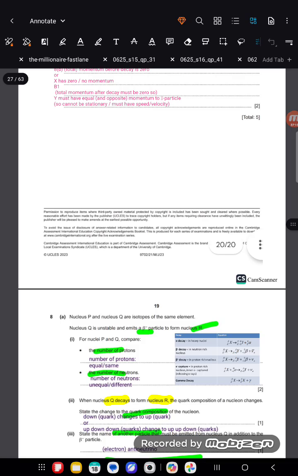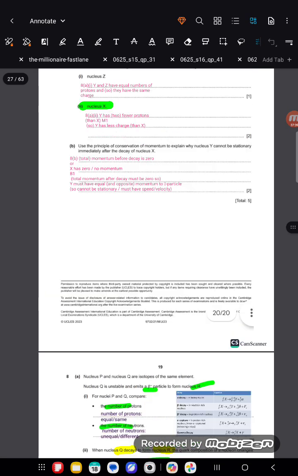Alpha has 4 nucleons, 4 nucleon number, so you have to multiply with 4, but for beta there is 1, so you have to multiply with 1.